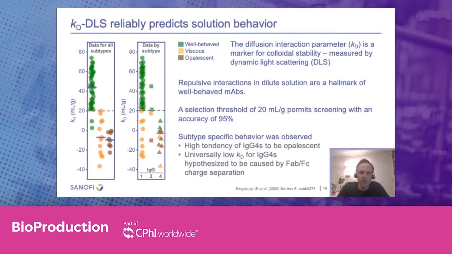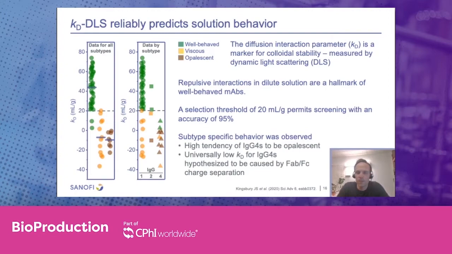They also have a universally low KD value, and we've hypothesized this to be due to the fact that the IgG4 Fc under these conditions tends to be more negatively charged or acidic than the corresponding Fc for an IgG1 or IgG2. And with the variable domain being generally positively charged, this creates a charge separation across the molecule from Fab to Fc.